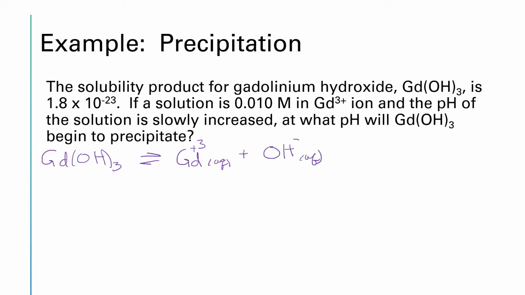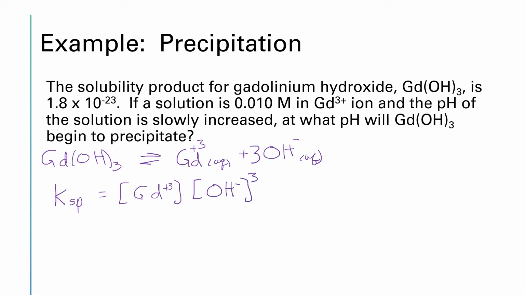Now for this to be a balanced equation, we've got to put that coefficient of 3 in front of the hydroxide ions. Let's go ahead and write the KSP expression before I start plugging numbers in. KSP will be gadolinium to the first power times hydroxide cubed.